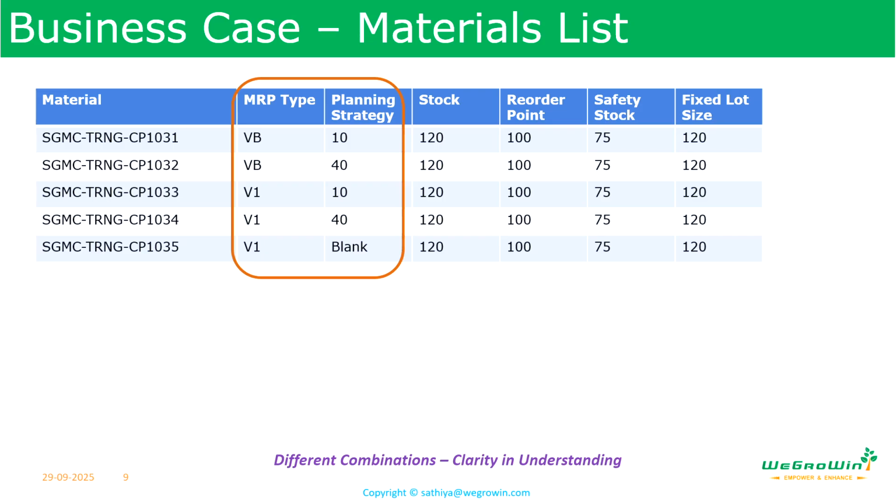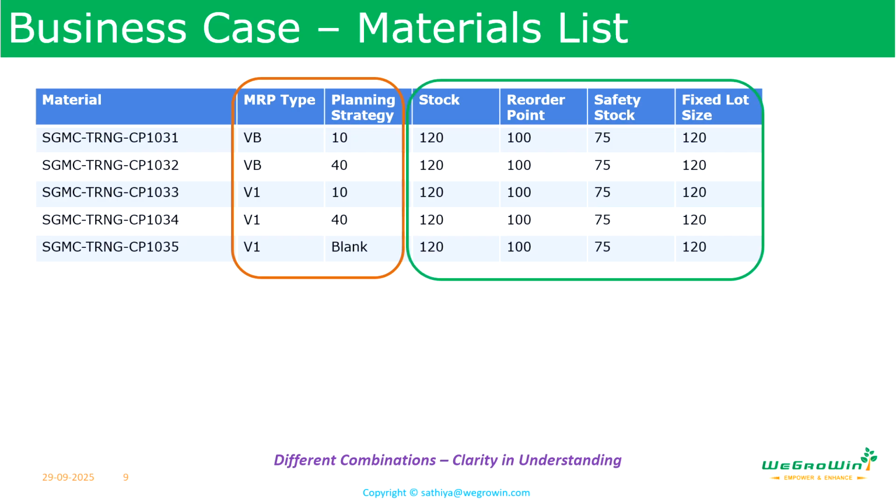For our discussion, we take 5 different materials with different combinations of MRP type and planning strategy. For example, we took CP1031 with VB and planning strategy 10 and CP1032 with MRP type VB and planning strategy 40 and so on.